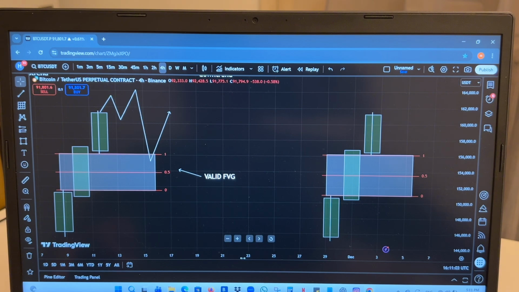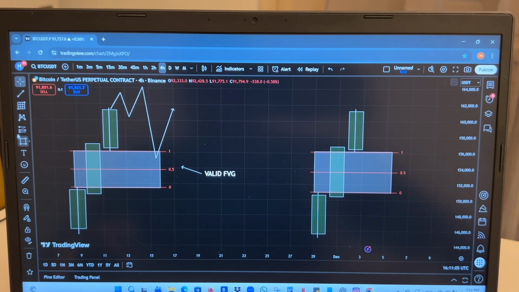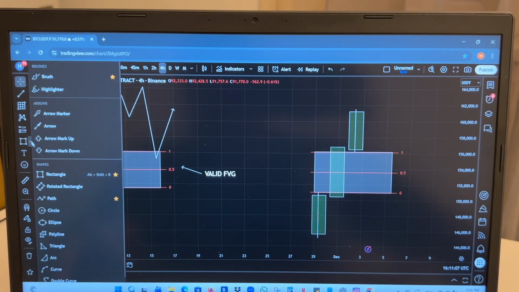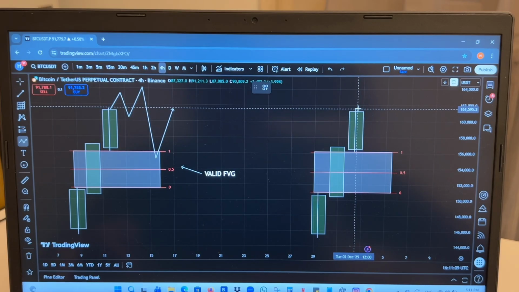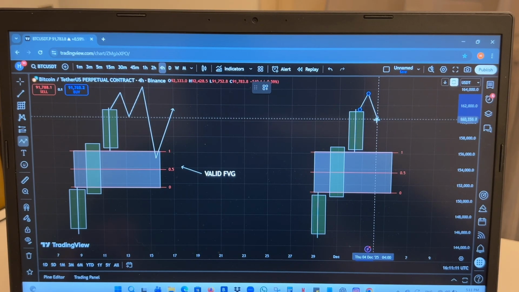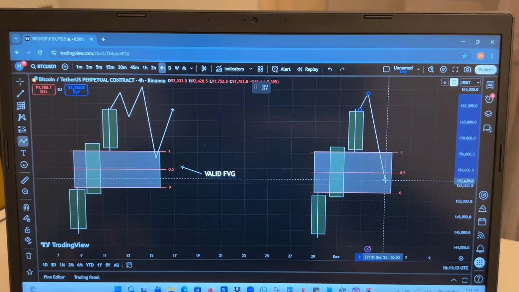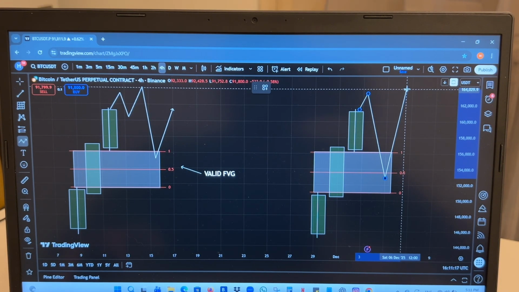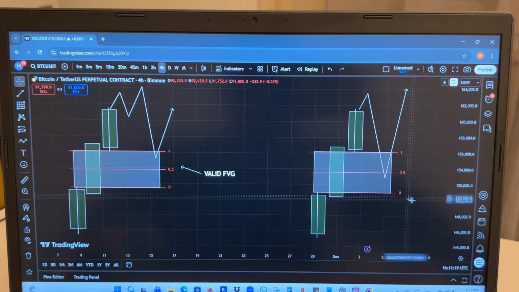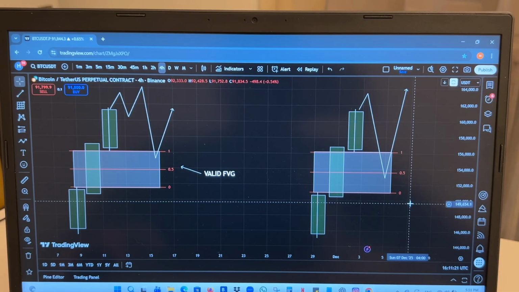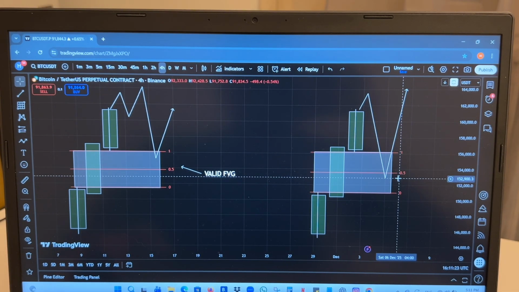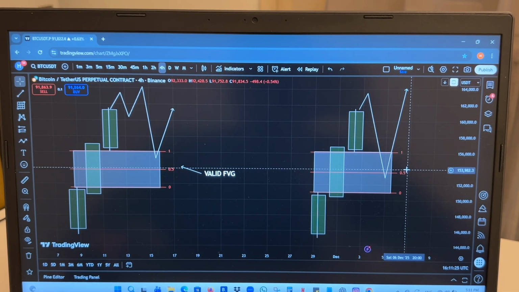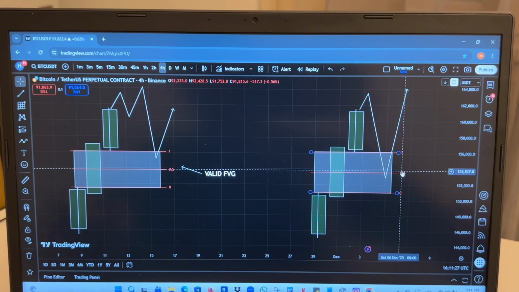So let's say the market goes up and comes back by breaking this 0.5 level and then goes up, then this is an invalid FVG because it has broken the 0.5 level of the Gann box tool.